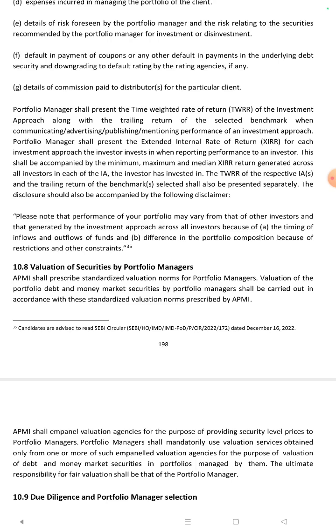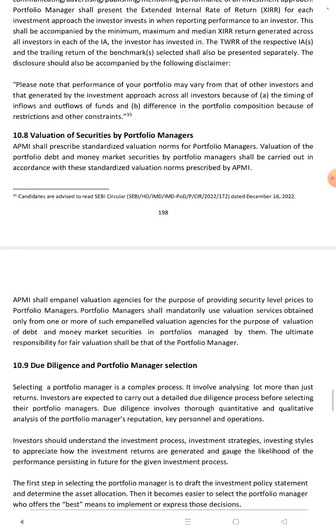This shall be accompanied by the minimum, maximum, and median return generated across all investors in each of the IAs the investor has invested in. Please note that the performance of your portfolio may vary from that of the other investors and that generated by the investment approach across all investors because of the timing of inflows and outflows of funds and differences in the portfolio composition because of restrictions and other constraints.